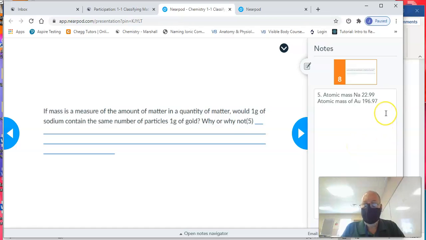Okay, and so if I think about the fact that 1 particle of gold is a lot bigger than 1 particle of sodium, it should make sense.